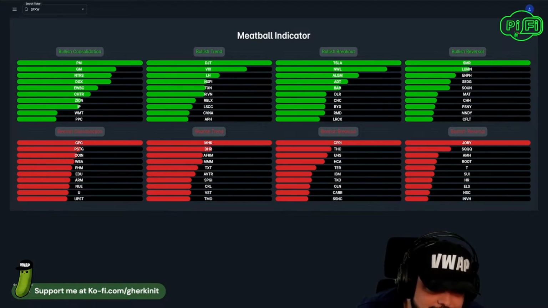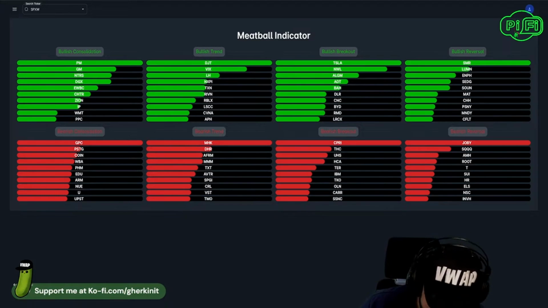The consolidations are cool for vol shorts, and the reversals and breakouts are cool for people who want to try to ride the coattails of that price action. And then there's the trending ones, which are just going up or down. So it's really not complicated conceptually.